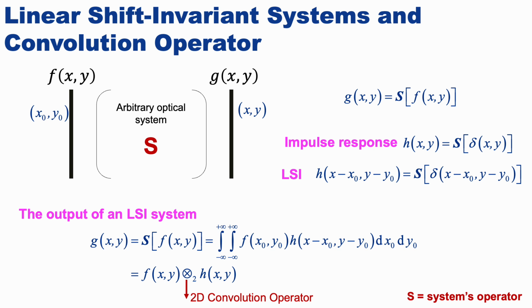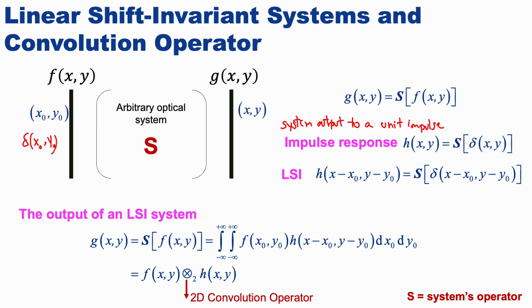So what is the key advantage? How do we know if a system is linear shift-invariant, right? We're gonna assume that we have here a delta. So on the input plane we have a delta, and then the system acts on the unit impulse, and that is our impulse response. So the impulse response is the system output to a unit impulse.